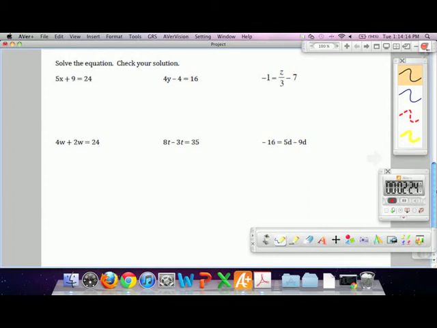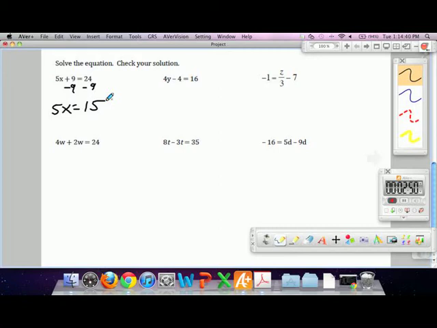No. Since there's nothing to simplify, now we come back and solve with inverse operations. To get x by itself, the first thing is to undo the adding, so we subtract 9 from both sides and get 5x equals 15.